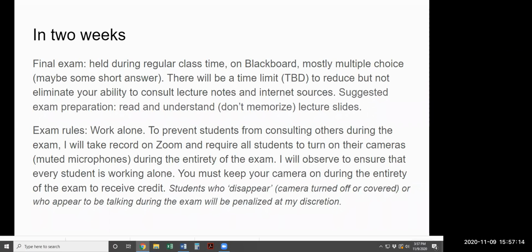Like in the exam rules, you say that if we appear to be talking during the exam, then we will be penalized, right? But if I talk to myself, how could you realize that I was talking to myself or talking to someone else?